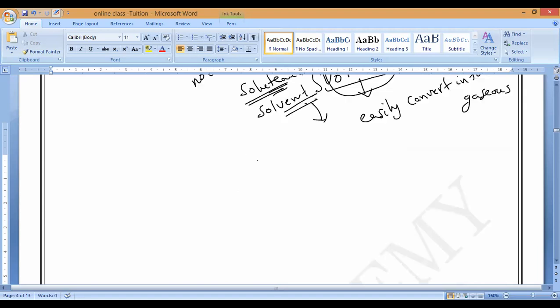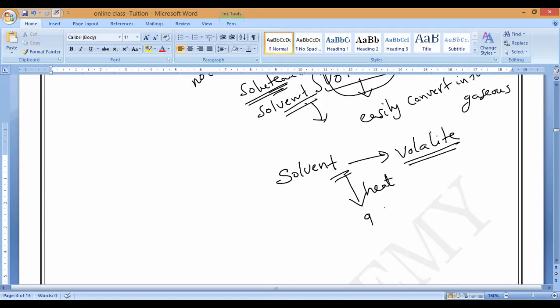The solvent must be volatile, so it can easily convert into gas, and again we condense it back into liquid. So the solvent must be volatile so that we can heat it. If we heat it, it converts into the gaseous state, which we call vapor. And again we cool it, and the liquid comes back. Understand?